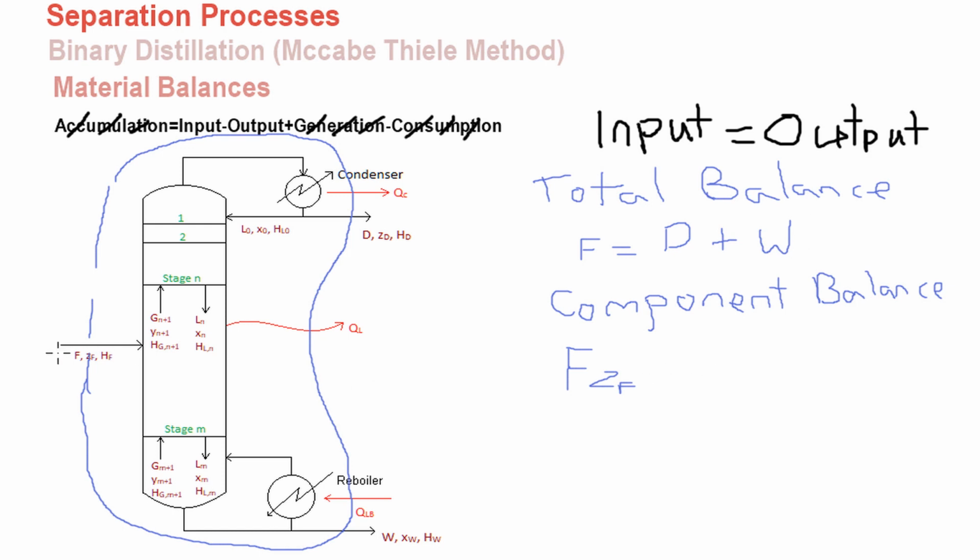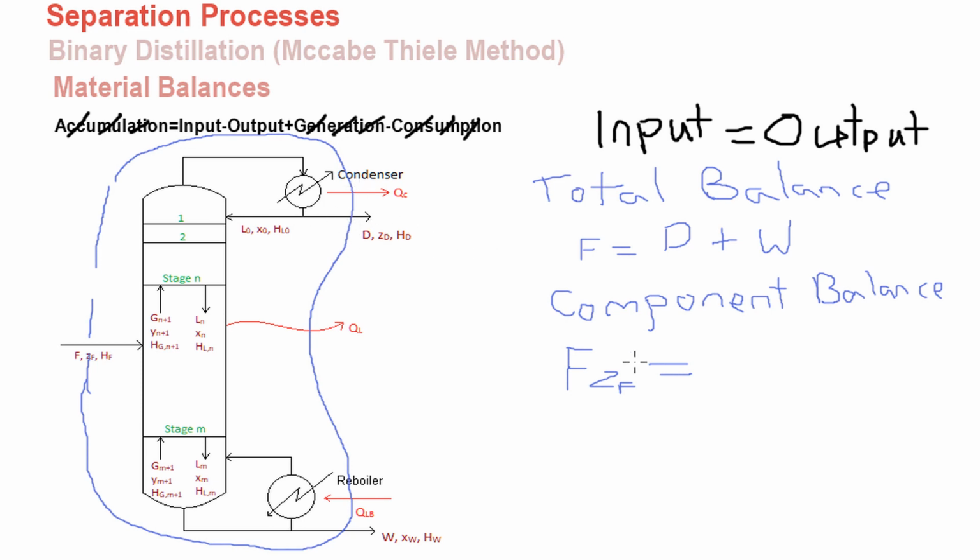So we have the feed that is coming in. What is coming out now, we utilize our distillate. As you can see, whatever cuts the system boundary, we utilize. So therefore, the distillate cuts the system boundary.